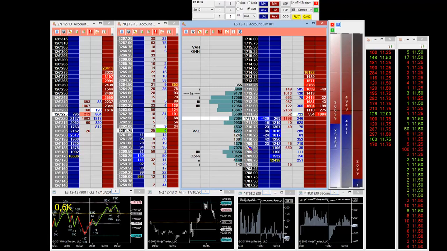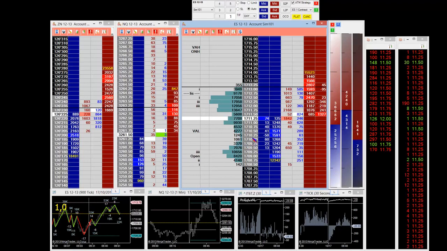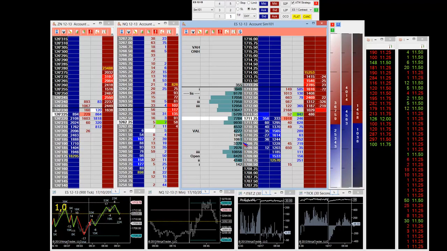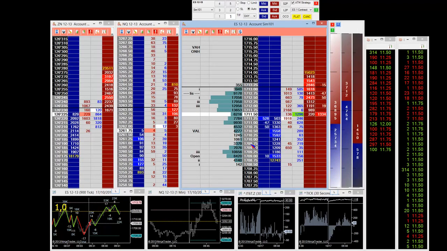So if I'm long, for instance, and I go long at 1709.75, which if the market comes down, a long at 1709.75 is actually quite a reasonable trade. It's reasonable because there's not much volume traded above you, and below you there's a lot of volume traded. So if it does move against you, the chances are it will come back and give you a chance to exit again.